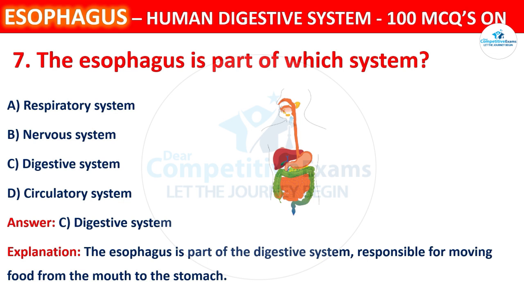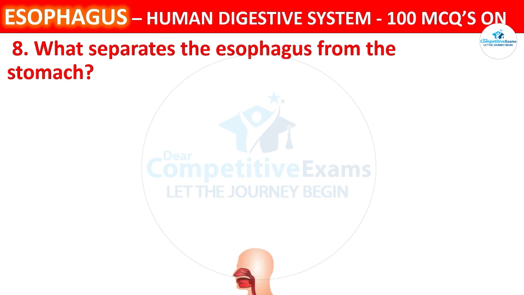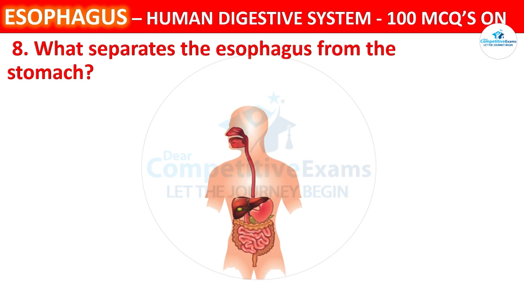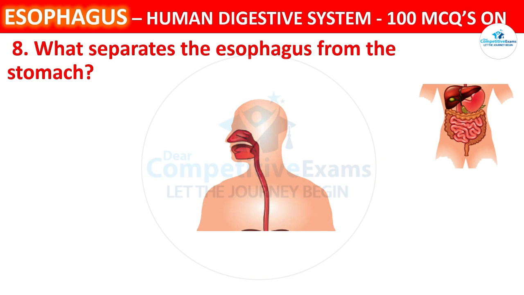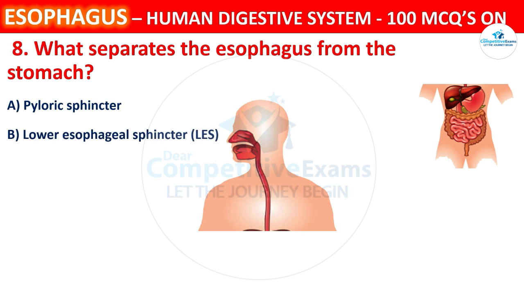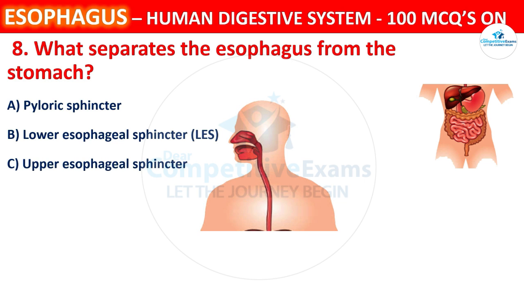Question number 8. What separates the esophagus from the stomach? Your options are pyloric sphincter, lower esophageal sphincter LES, upper esophageal sphincter, or duodenum.